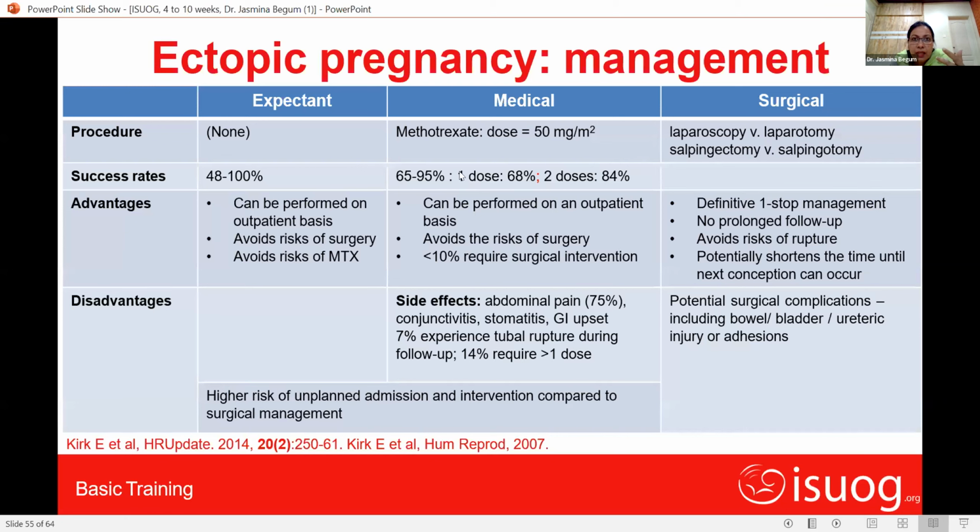If the sac diameter is between 3 to 5 centimeter, the beta HCG is between 1500 to 5000, and the patient is hemodynamically stable, we go with medical management with methotrexate. When the beta HCG is more than 5000 or the sac diameter is more than 5 centimeter and the patient is hemodynamically unstable, we go with surgical management.